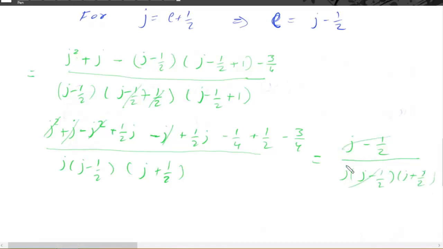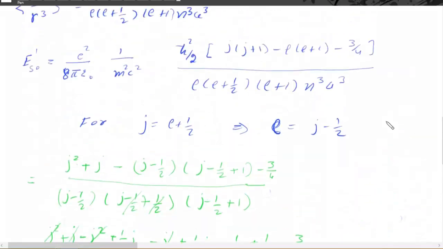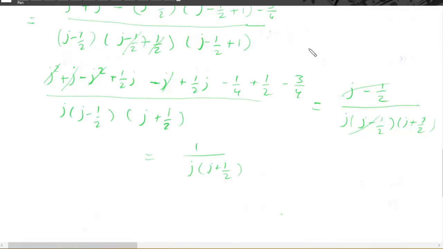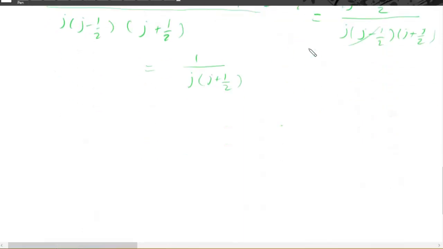This term is cancelled by this term, then only this term remains, which is equal to 1 over j into j plus half. Okay, now we write these equations here, and this is equal to E1 spin orbit coupling.